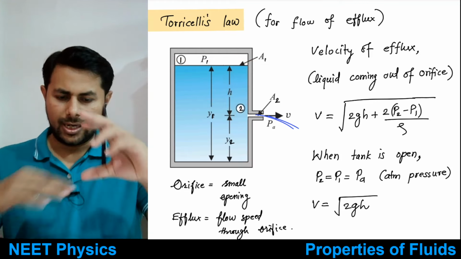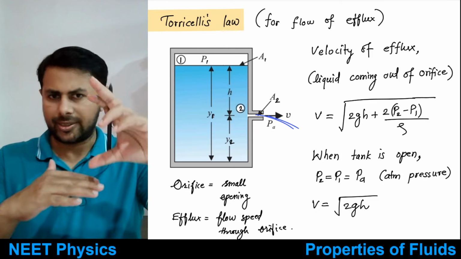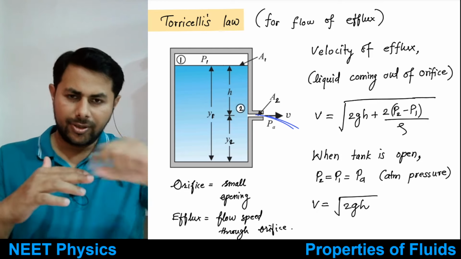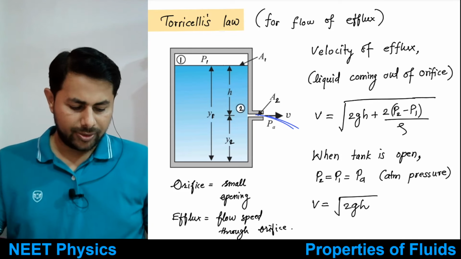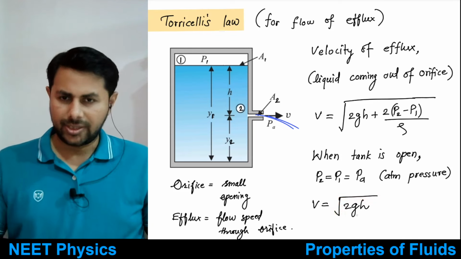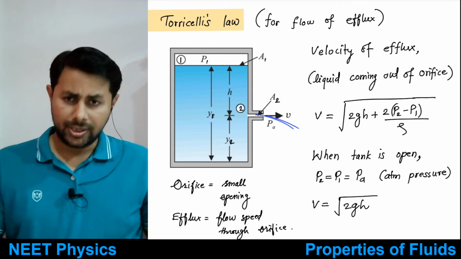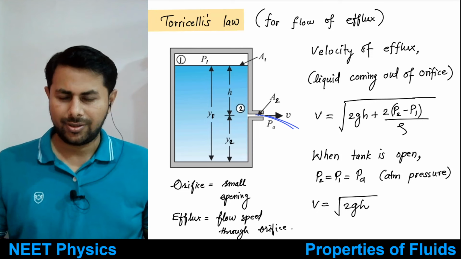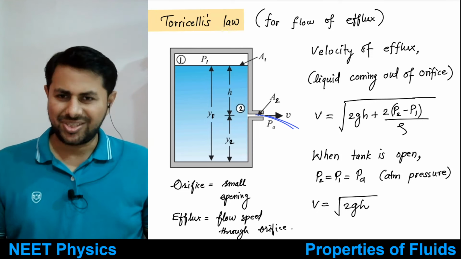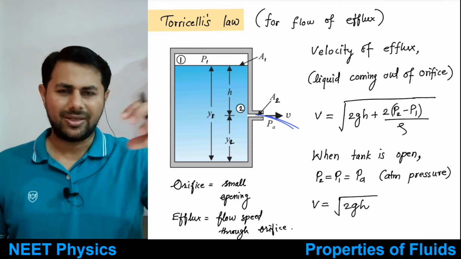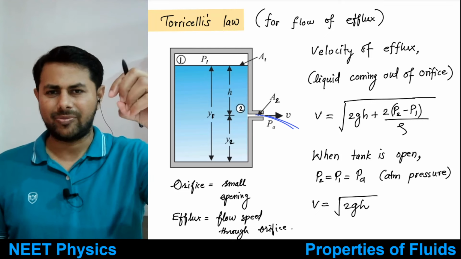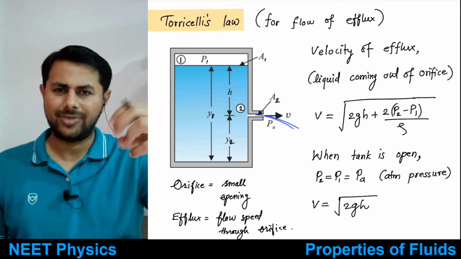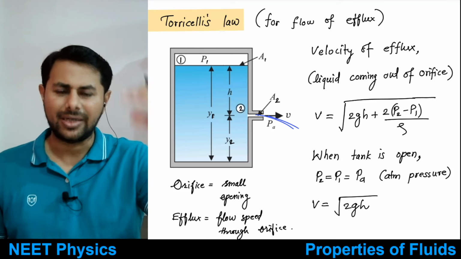What is h? Height of the liquid column above the orifice. Then the speed of the fluid that comes out of that orifice is just equal to square root of 2gh, and it is just equal to the speed of any object in free fall which is released from height h.